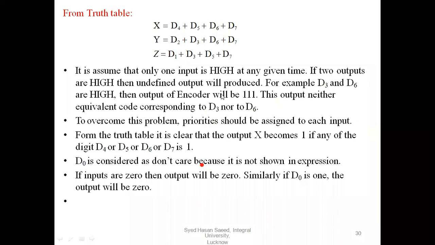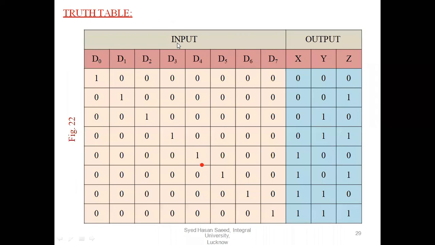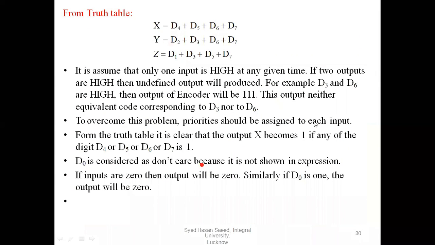So from the truth table we will construct the values, that is, in which way we have to construct the diagram. These are the inputs, and these are the outputs, and from the truth table we got the values.